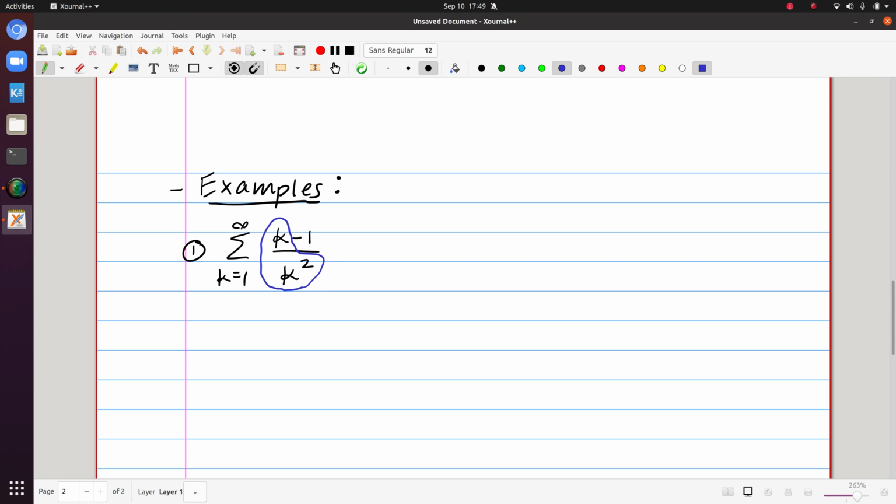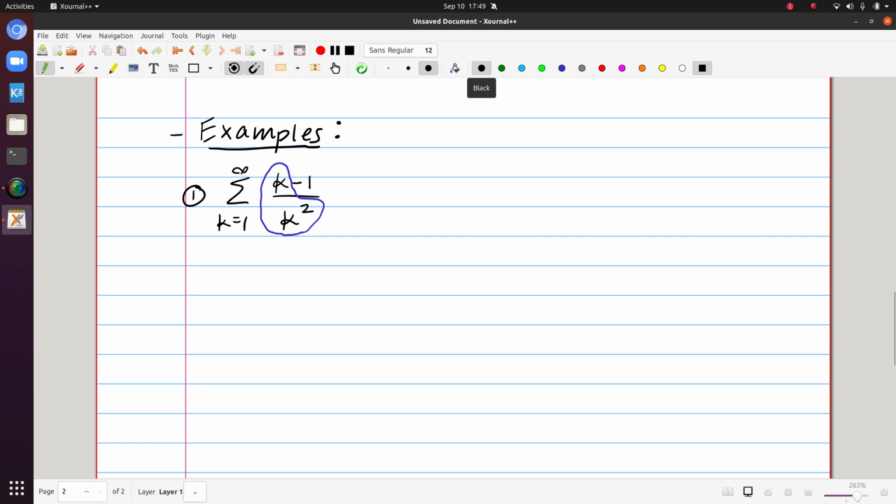And in this situation, that would lead to the harmonic series. So we would have here that this is smaller than k over k squared, which is 1 over k. This we addressed in the last video. I'll point out, because this diverges, this is not useful in using the comparison test.